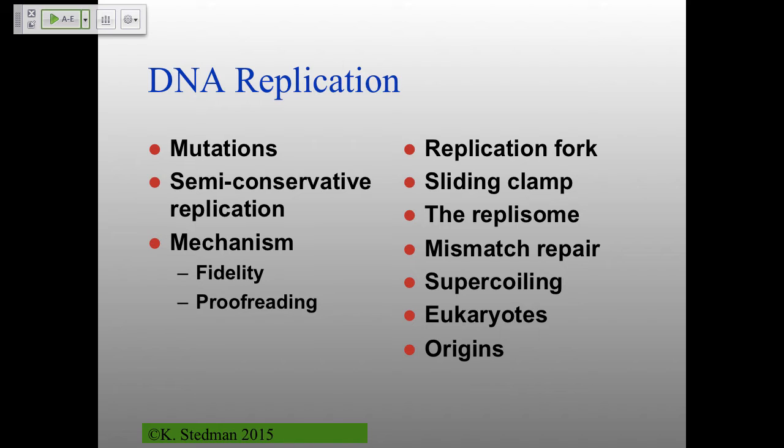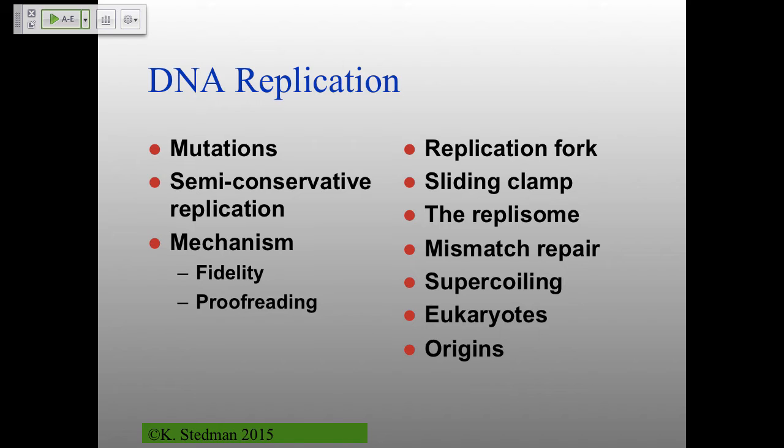We'll talk a little bit about how that actually works. Turns out that people had discovered, and when I say people, mostly Arthur Kornberg and people working in his lab, had actually discovered the enzymes that did this before Meselson and Stahl did the experiment and showed that it was really semi-conservative replication. So a lot of this stuff was happening really in the late 1950s when all of this was going on.